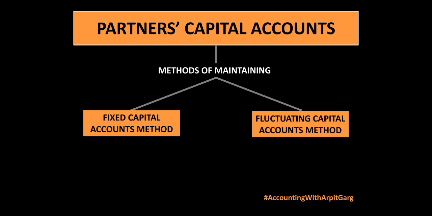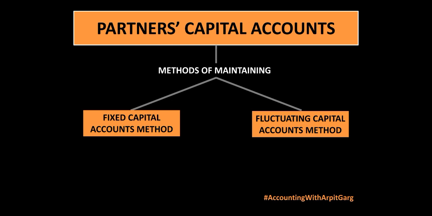So that part of capital which is fixed is accounted separately, and the other part, which is of day-to-day working or regular nature, is accounted separately in the fixed capital account method. While in the fluctuating capital account method, as the name says, fluctuating means changing, so only one account will be maintained, which will change itself on every entry.